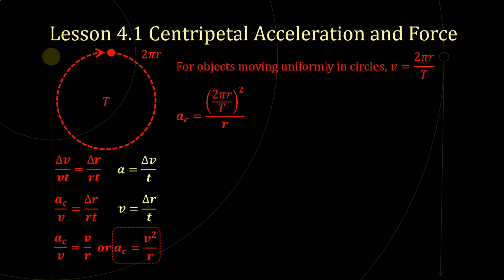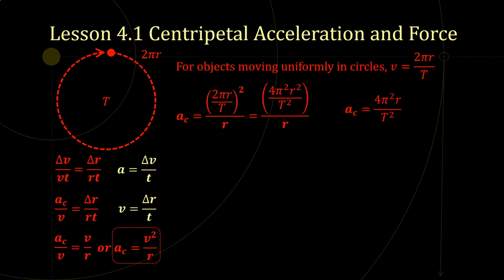The whole expression, 2 pi r over t, is squared. So I'm going to have to square the 2, square the pi, square the r, and square the period. That's going to give me 4 pi squared r squared over t squared divided by r. I can make one further simplification because I have r squared in the numerator and r in the denominator, so that cancels out one of the r's.